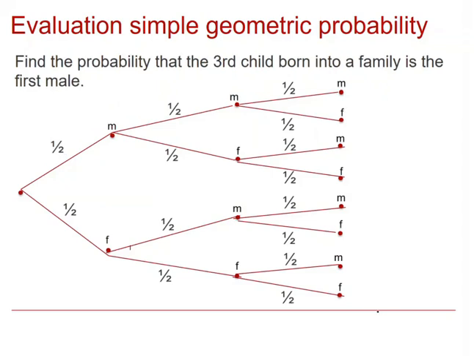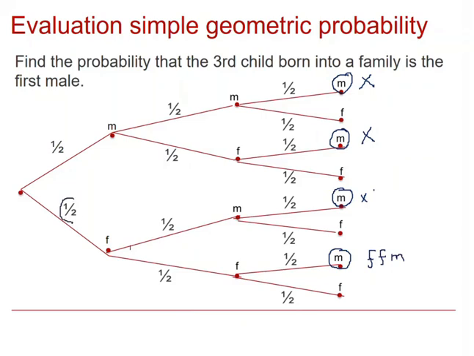So if we look at the outcomes now written onto the tree diagram, we want the third child to be a male, so it's only these outcomes that are feasible, but we want it to be the first male, so the only branch that gives us what we want is this one, 2 girls and a boy.